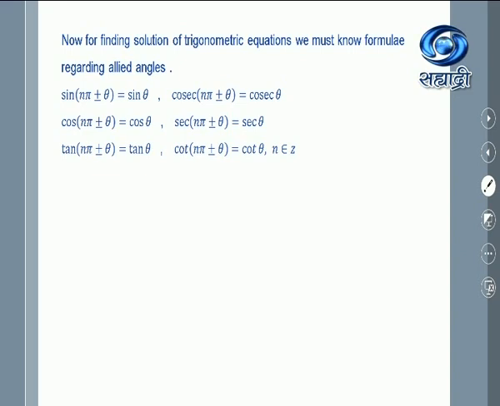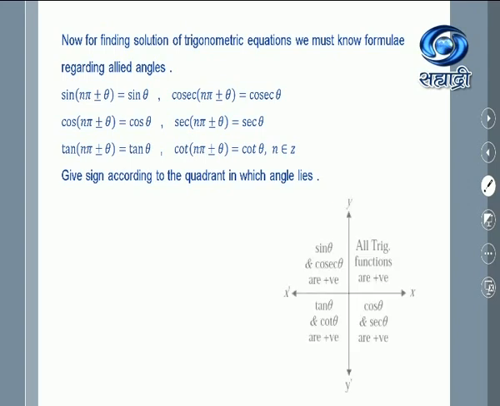But this is not the complete answer. You will have to do one more step, that is, you will have to confirm the sign according to the ASTC rule, the All Sin Tan Cos rule. That is, according to the quadrant, you will have to choose the sign, whether it is positive or negative. So this is very, very important while finding the principal solutions. You must be very perfect in applying the rule.